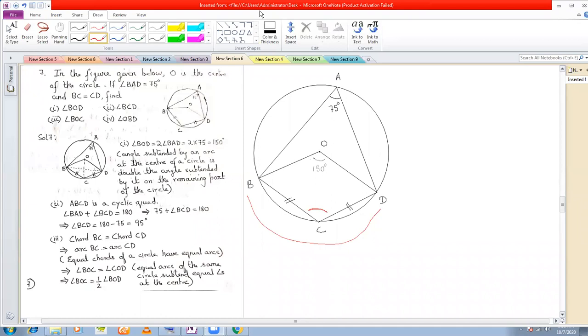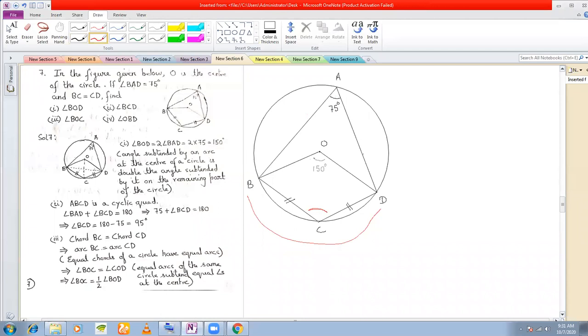Okay, Apurva, you tell me. So the BCD will be 180 minus 75. Why? Because they're opposite to each other. Which cyclic quadrilateral did you recognize?